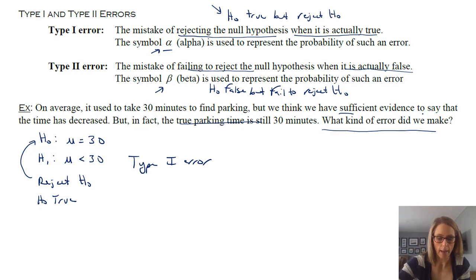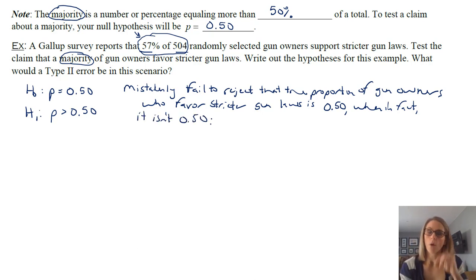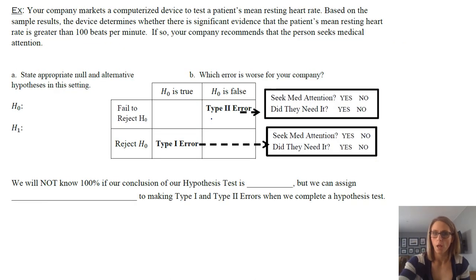For type 2, when it's actually false. So I come back here, when in fact it isn't 0.50. Now, I don't say it's greater than or less than or whatever. It's just, we did not reject the idea that P is equal to 0.50, but the type 2 error that could be made would be that that is actually false. So it isn't 0.50. Okay, that's all I need for that.